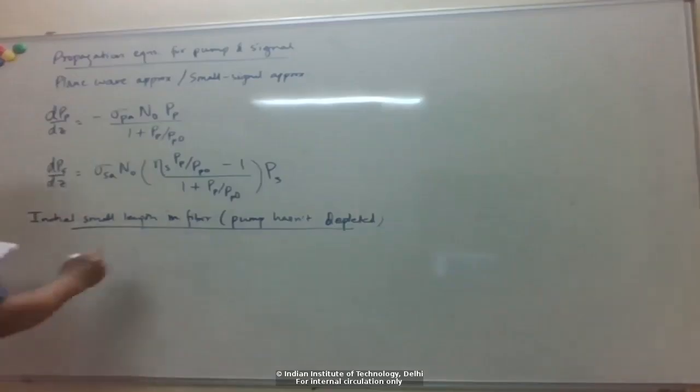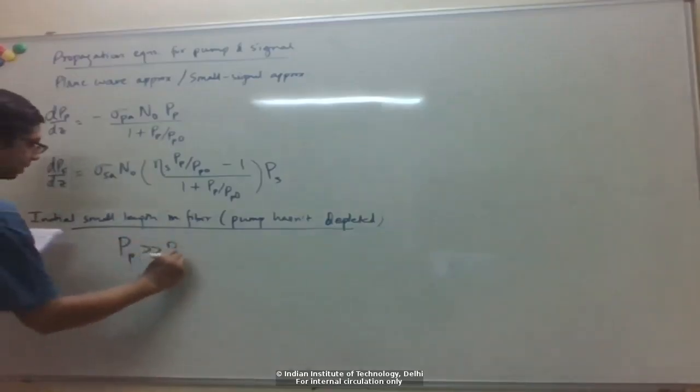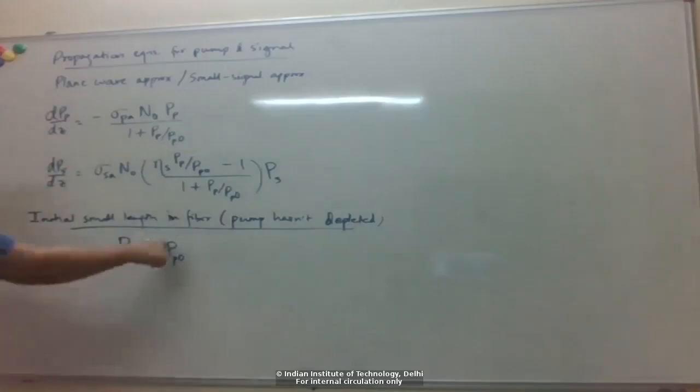So basically the pump power is much bigger than this constant that we had defined, along the initial part of the fiber when the pump hasn't decayed too much.